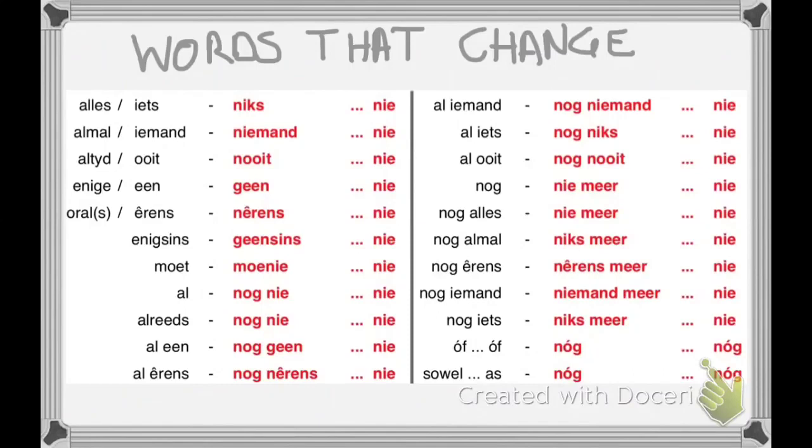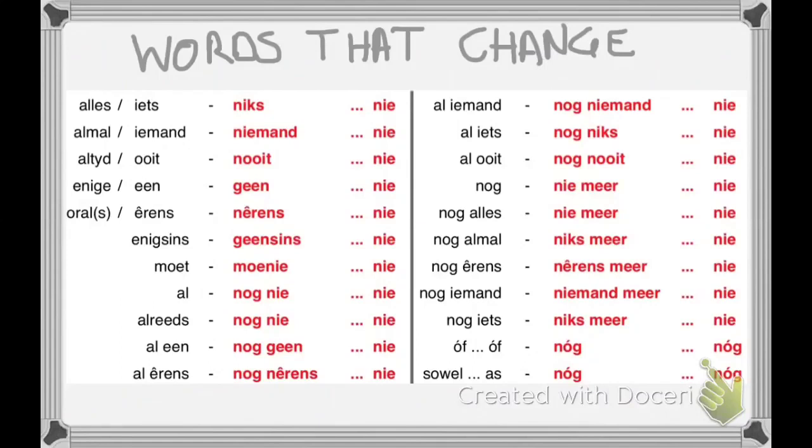And then at the end of the sentence goes your nie. Now "nog nêrens" counts as a nie. So when you see a sentence like this, that's going to count as one of your nies in a normal sentence. So you're still going to have 2 nies. You're not going to be trying to run a 3-legged race with 3 nies. You're still going to only have 2.